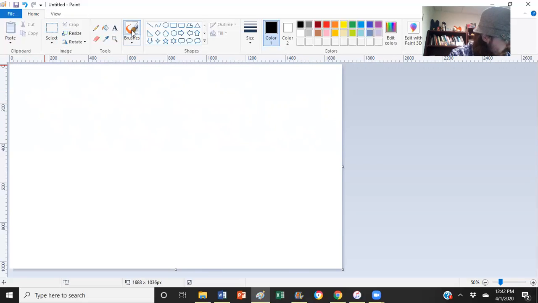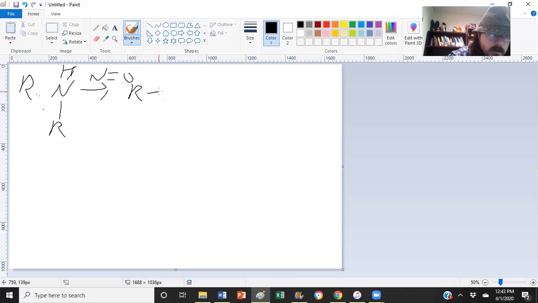Now, that typically only works with primary amines. If I tried to do this with a secondary amine, I only have one H. So if I do the attack with the nitrosonium, I can form, oh, here's my N. So, jumping ahead of myself.